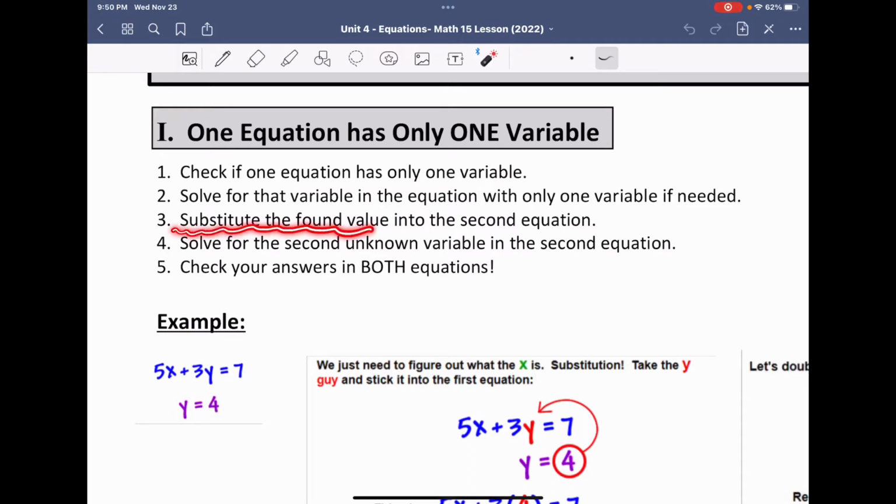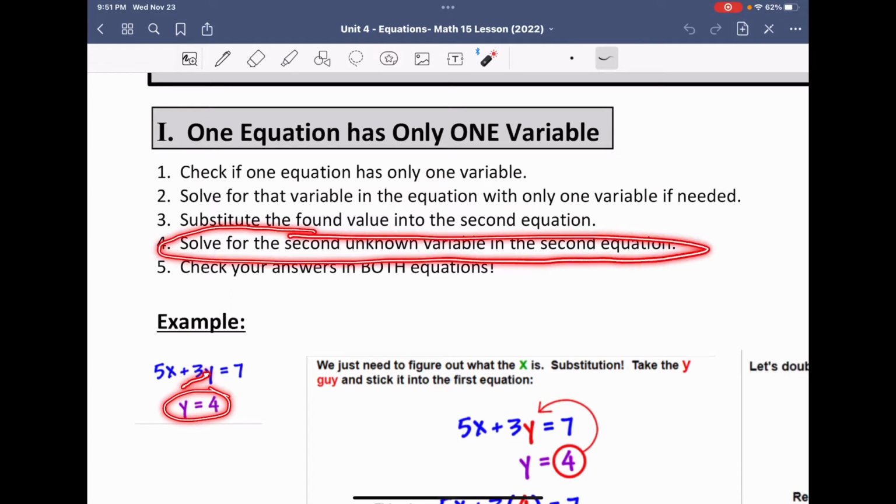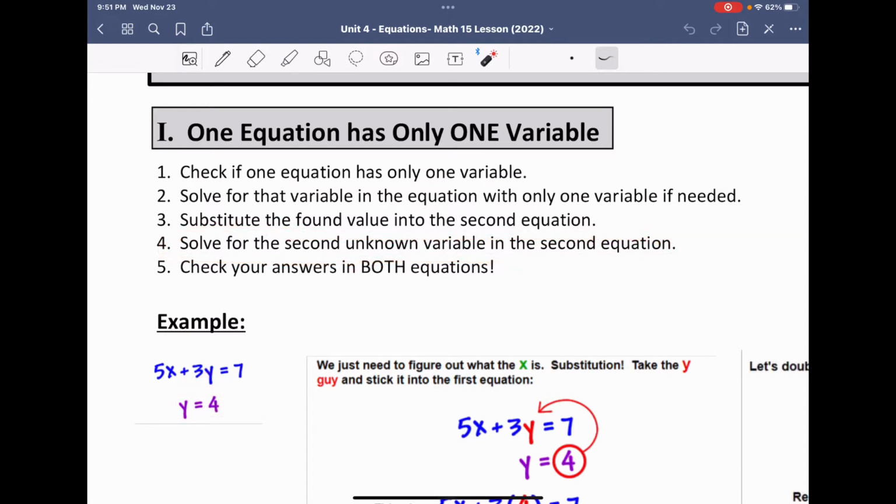Step 3 is to substitute that value into our second equation, or take y equal to 4 and plug it in for our other equation, in this case the top equation. Then solve for the second unknown, or the other variable that we don't know. Finally, check your answers in both equations because it must satisfy not only the first equation, but the second equation.